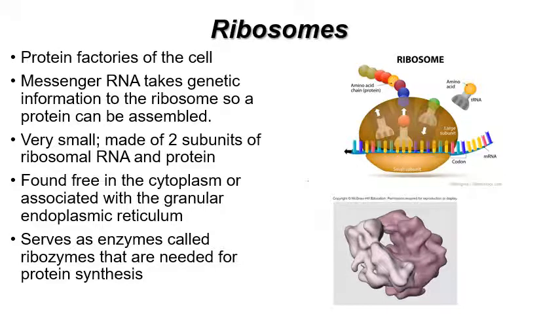So once we have the mature RNA form, it will be taken to the ribosomes. The ribosomes are the sites at which the mature messenger RNA gets read, and we put together the string of amino acids to make the protein. The messenger RNA contains the codes for which amino acids are going to go in which sequence.